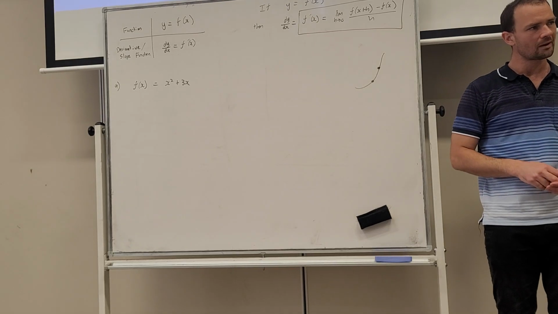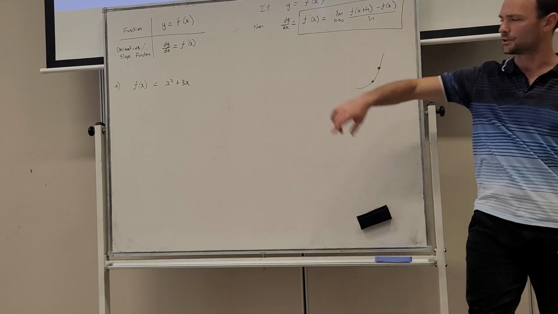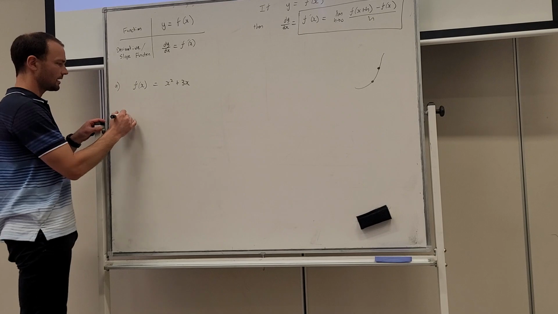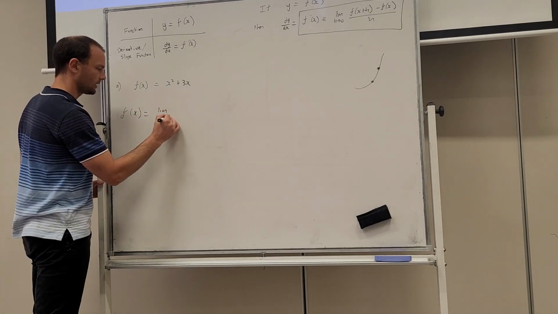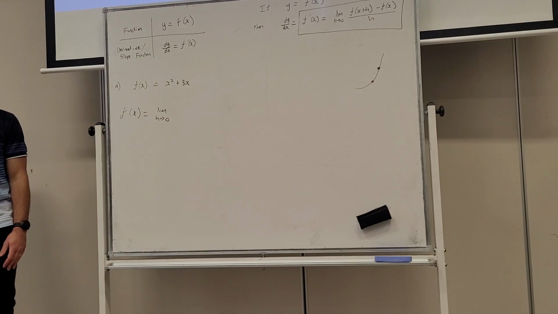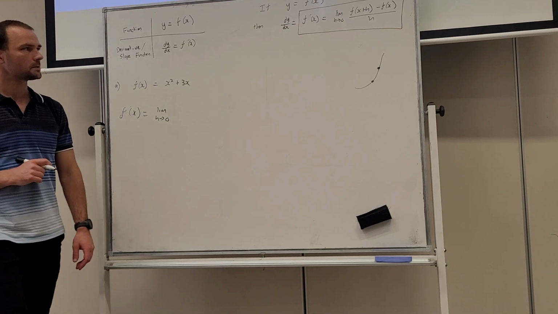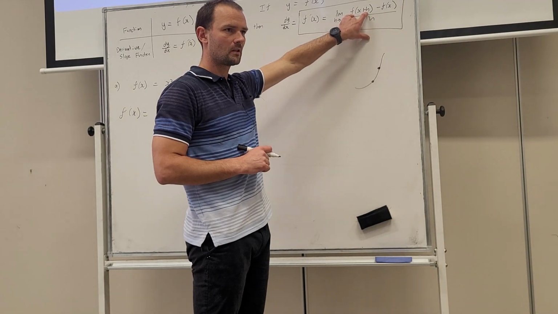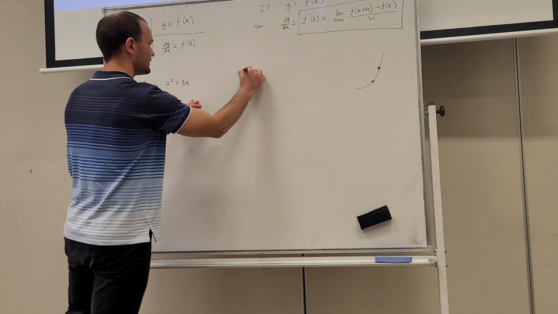Here's a function. We want to find the derivative function, and we're going to do so using our first principles formula. So the first step is to set it up, okay? f dash of x is equal to the limit as h approaches 0 of, okay, the first part is f of x plus h. So that's where we take x plus h and we put it into the function.